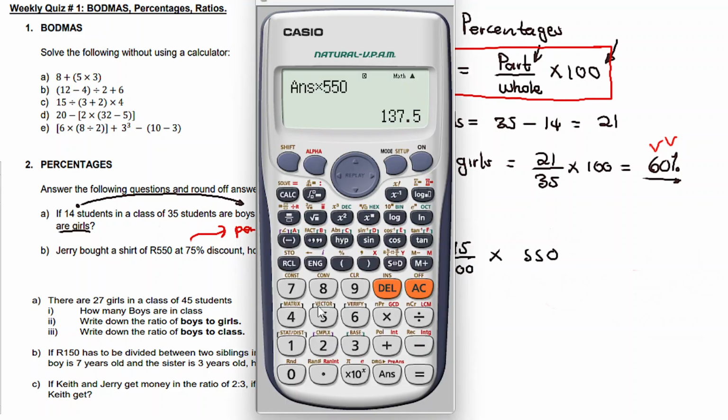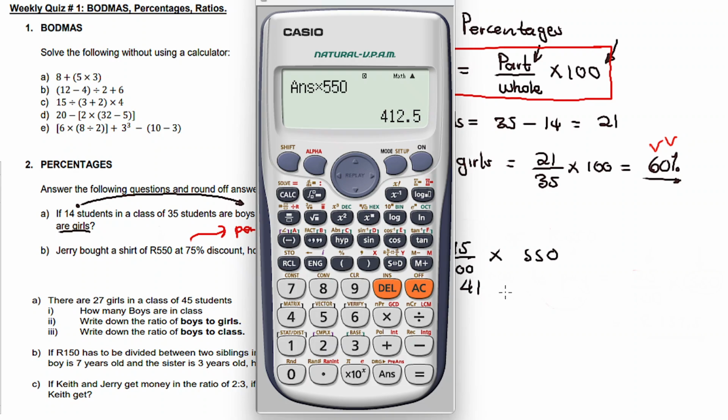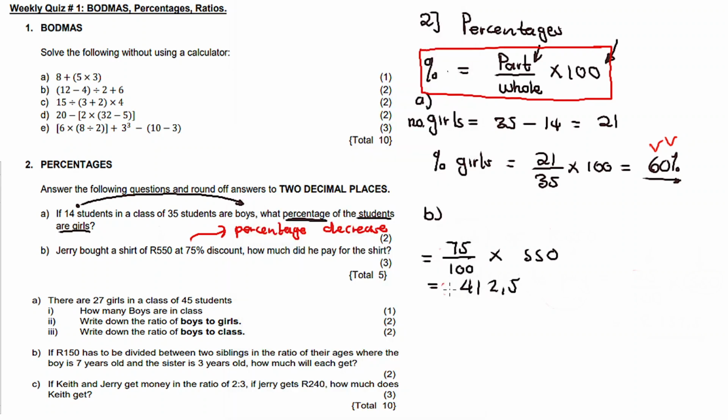What are you getting? 75 divided by 100 times 550 is equal to 412.5 rand. This is the discount, 412.5 rand, right?